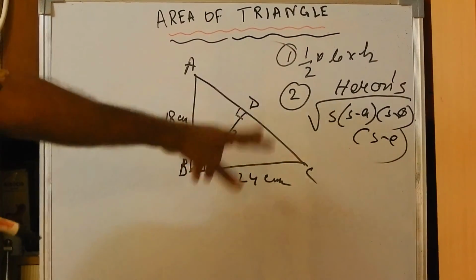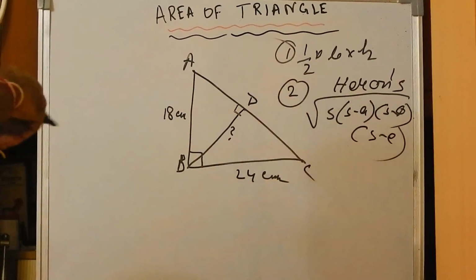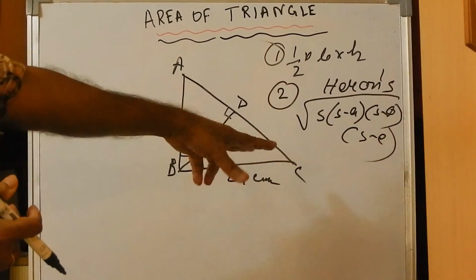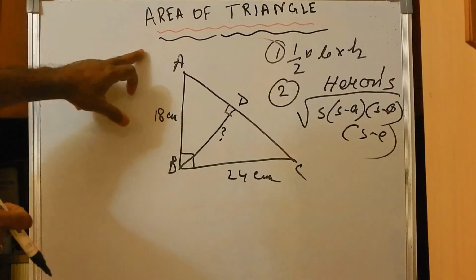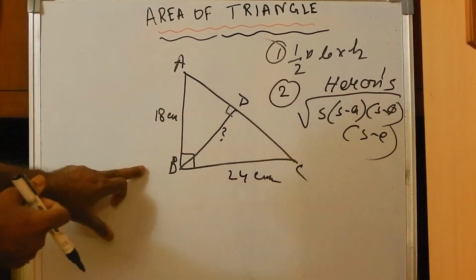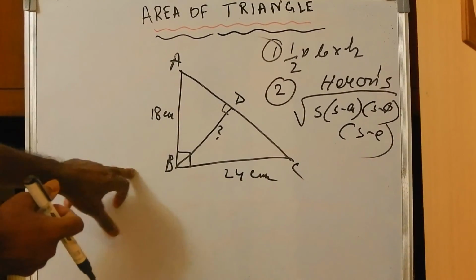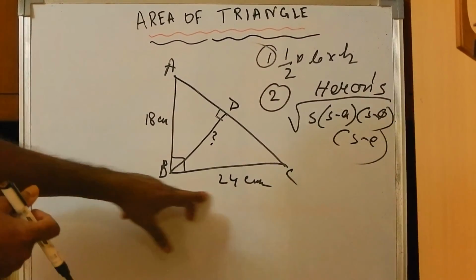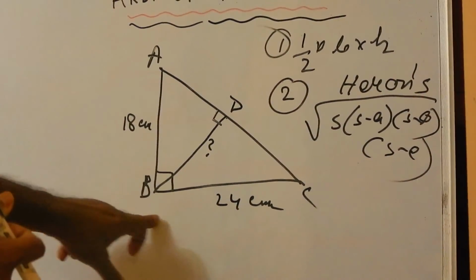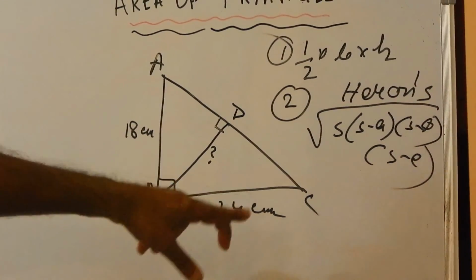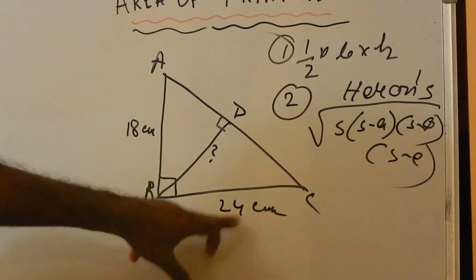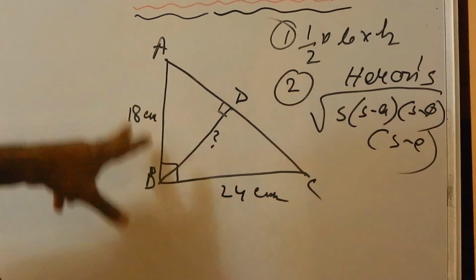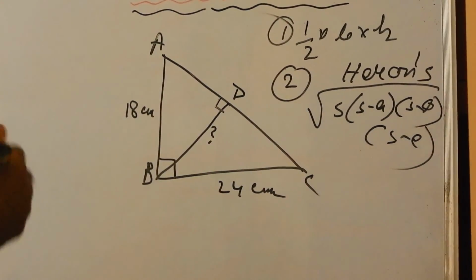Depending on the sum, we use these two formulas only. Here AB is the perpendicular of the triangle, so we can easily take it as the height, and BC as the base of triangle ABC, so we can easily find the area of triangle ABC.